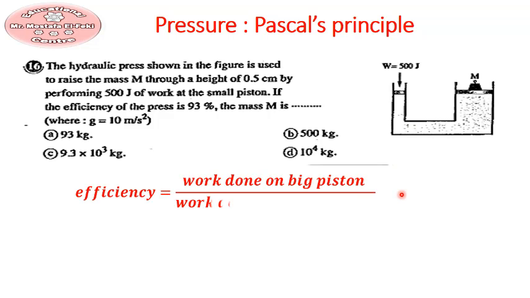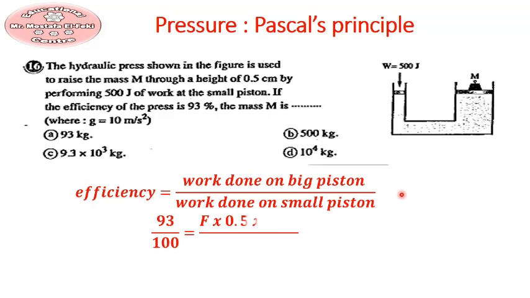The efficiency equals the work done on the big piston to the work done on the small piston. The efficiency 93%, 93 divided by 100 to convert it from percentage to number, equals the force times displacement divided by the work done. Work equals force times the displacement of the big mass.